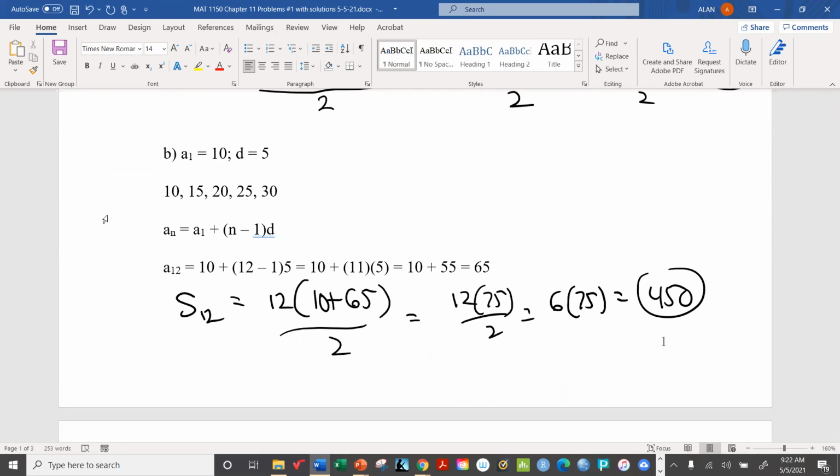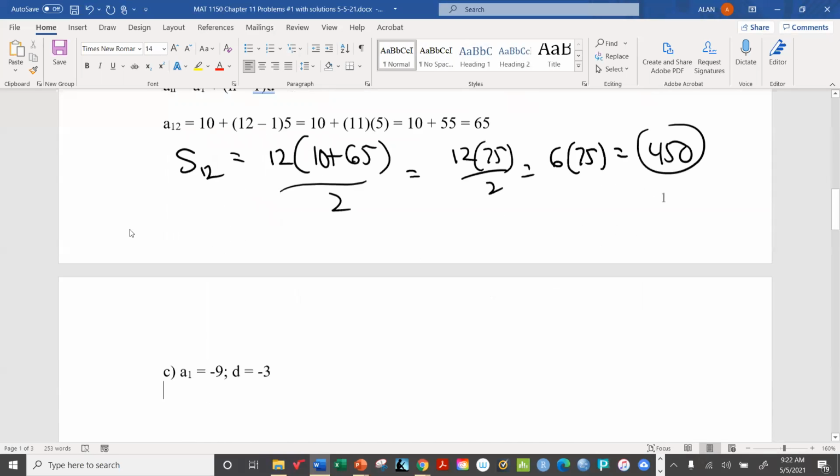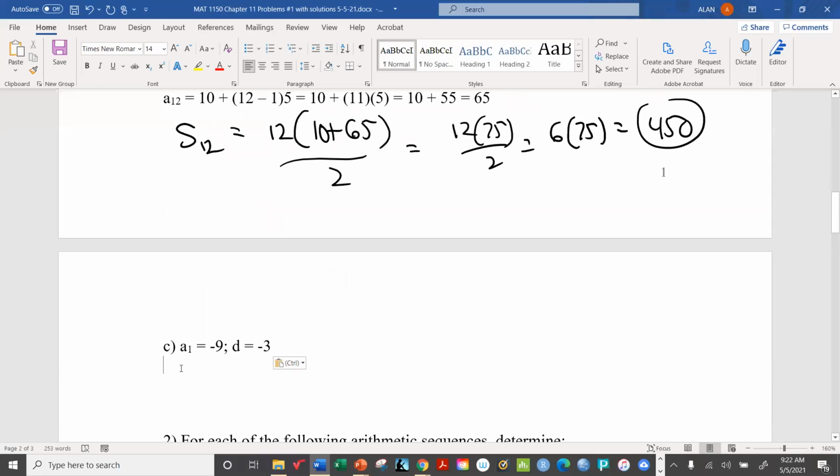All right, so we'll be doing the exact same thing with part C, except now we've got to watch out because there are negatives involved. Negatives always increase the likelihood, in my opinion, of making mistakes, very dramatically, as a matter of fact.